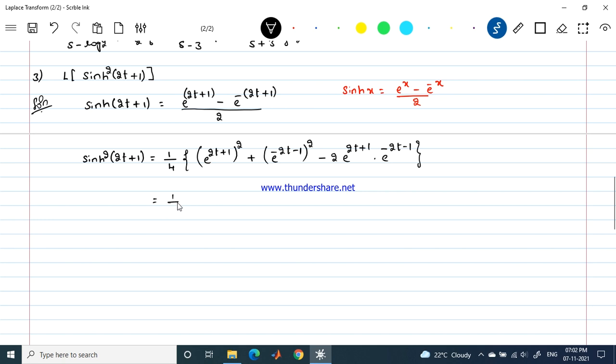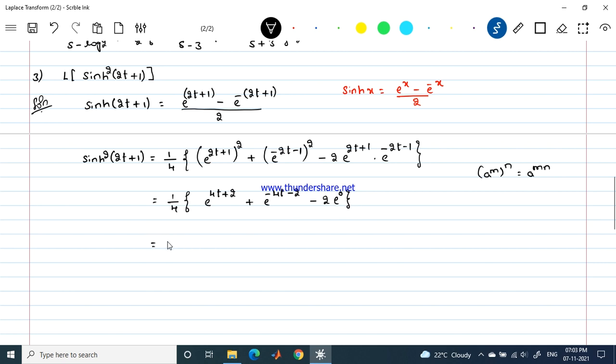This is 1 by 4 times, we know a power m whole power n is a power m into n, that's e power 2 times 4t plus 2, plus e power minus 4t minus 2, minus 2 times e power 2t minus 2t plus 1 minus 1, that's e power 0.